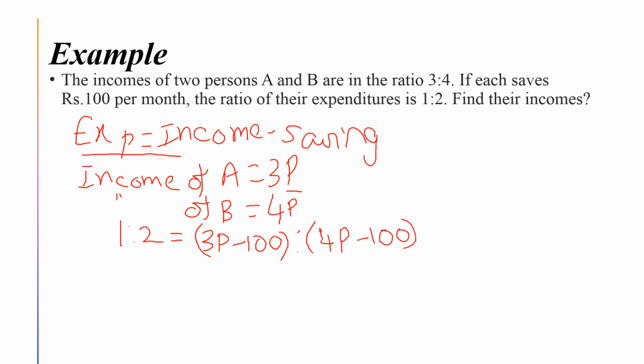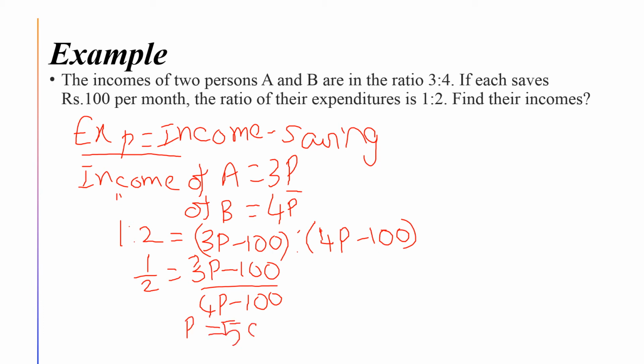We can also write this ratio in fraction form: 1 by 2 is equal to 3p minus 100 divided by 4p minus 100. If we solve this equation, the value of p is 50.